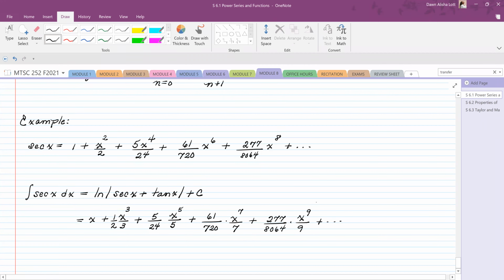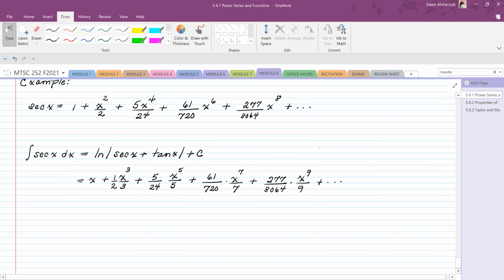So I found a power series for the log of secant x plus tangent x. So that is equal to x plus x cubed over 6 plus x to the 5th over 24 plus 61 over 5,040 times x to the 7th.